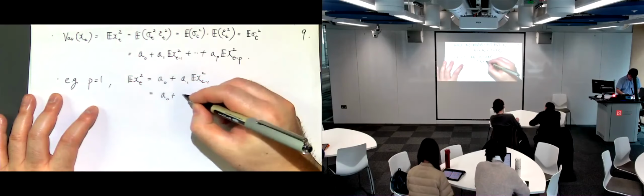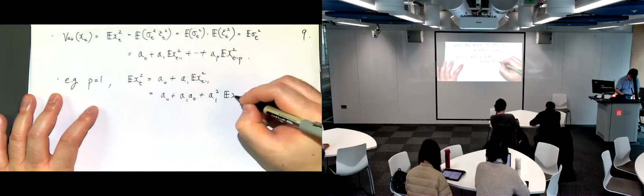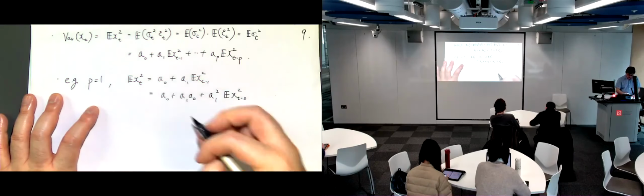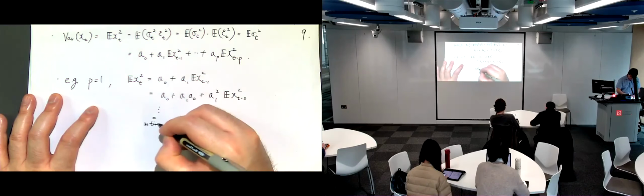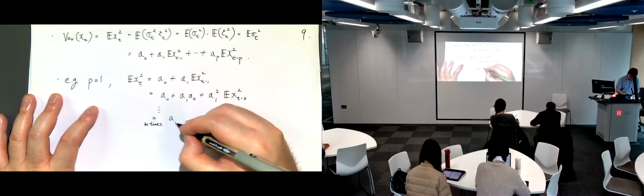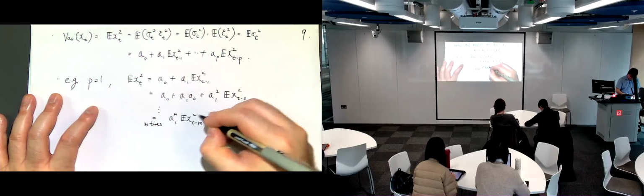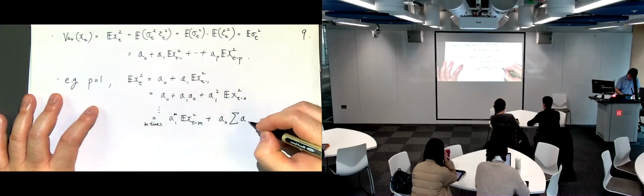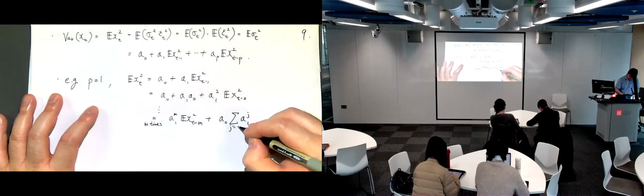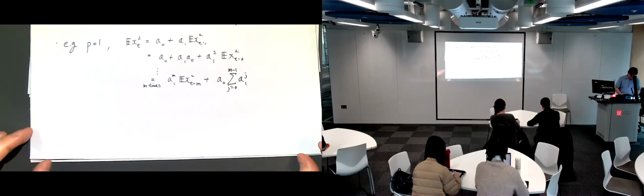So this is a0 plus a1 a0 plus a1 squared expectation of xt minus 2 squared, etc. So if we iterate it m times, what you get is a1 to the m times expectation of xt minus m squared, plus a0 times the sum of a1 to the power j from 0 to m minus 1. I'm going a little bit faster, sorry about that.